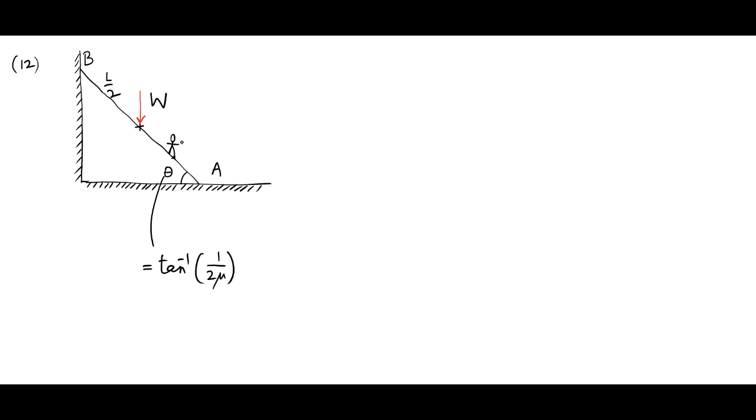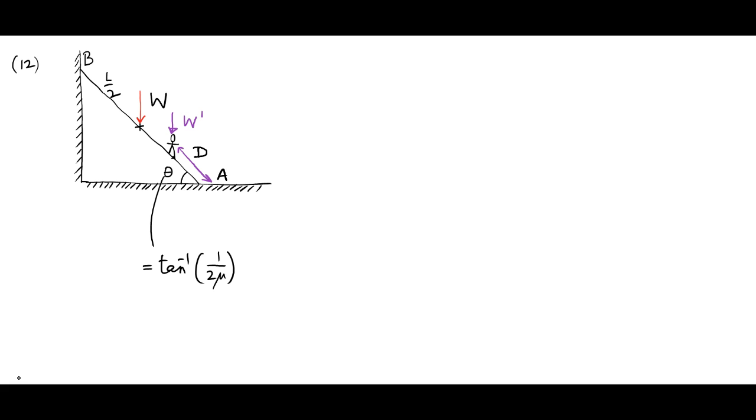Okay, the man's weight is given to be W dash, so it acts through his CM, W dash, and we have to find what is this distance, which I'll call, let's say, D, such that the ladder is in limiting equilibrium.